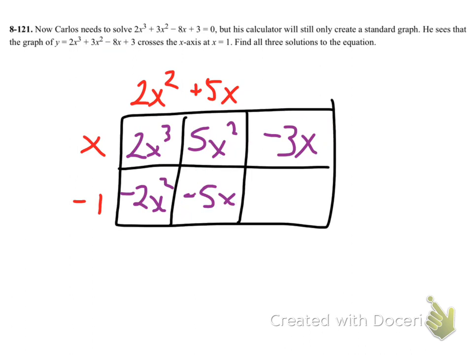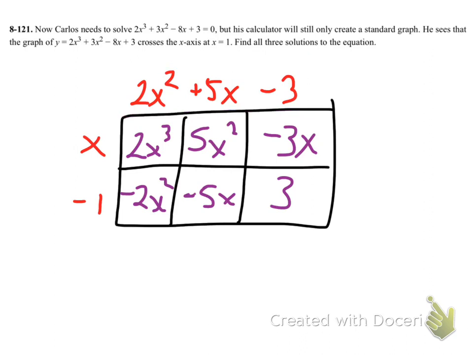Once I have that, I can once again get what goes on top, which is now a negative 3. And when I figure out my last box, negative 3 times negative 1 is going to give me a positive 3, which is my constant term, divides evenly. So I know now that I did my polynomial division correctly, and this is my other factor.